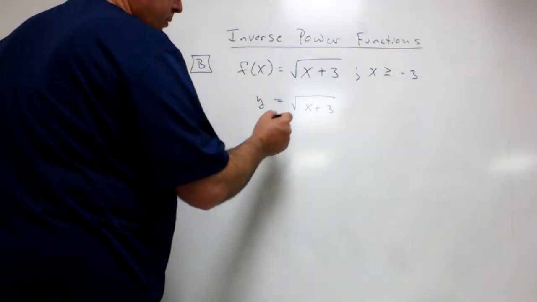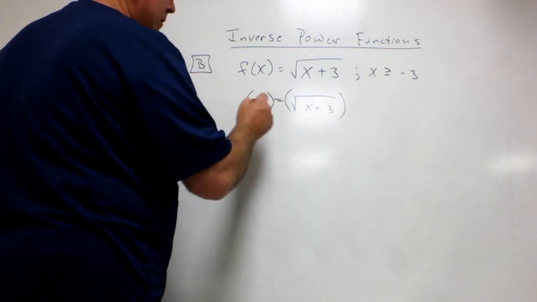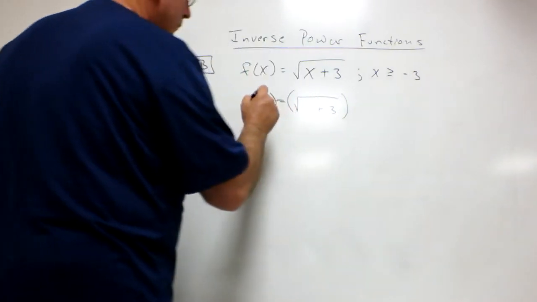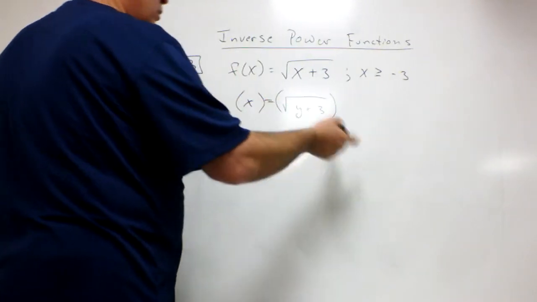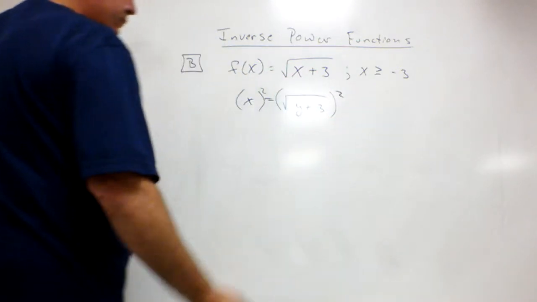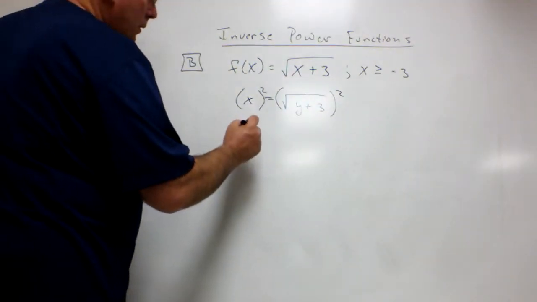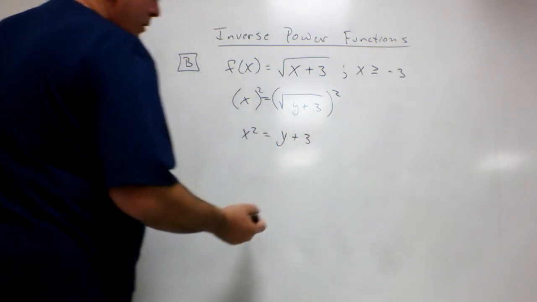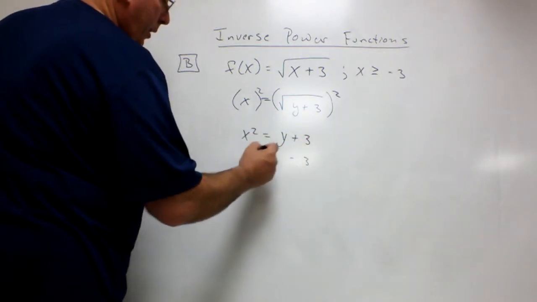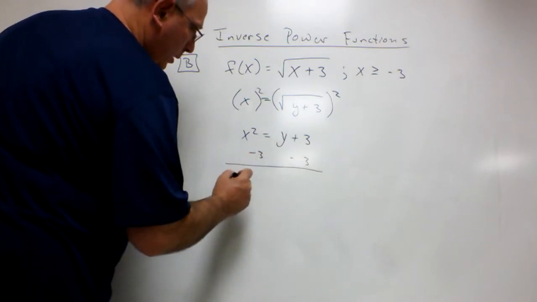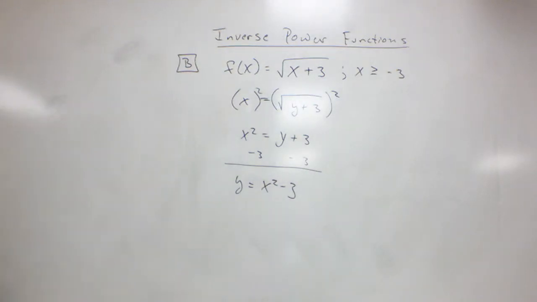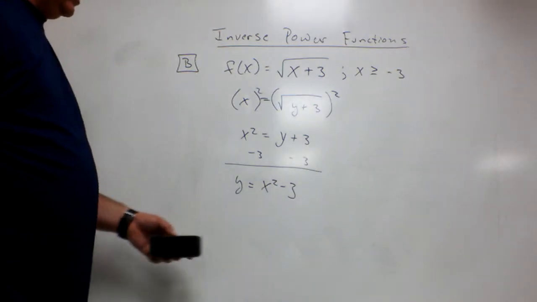Then we let x and y change places. Now we want to square both sides, and we get x squared equals y plus 3. We then subtract 3, so you get y equals x squared minus 3. That would be our inverse function, y equals x squared minus 3.